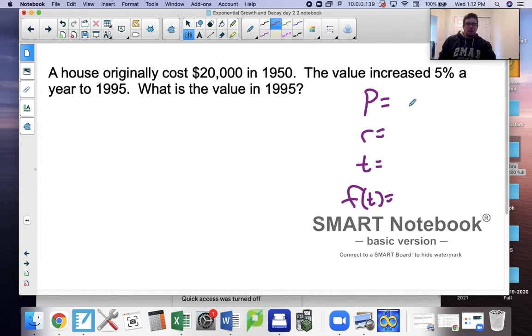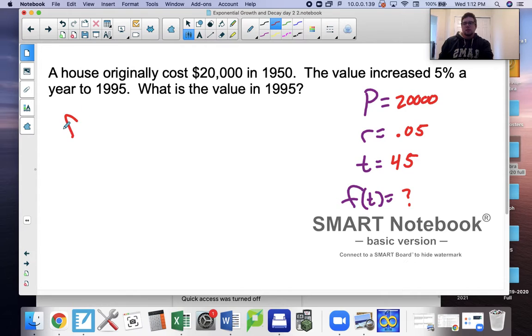It originally cost $20,000, so that's our initial amount P. Our rate, 5%, we're going to write as a decimal, 0.05. Then the time from 1950 to 1995 is 45 years, so we want to figure out the new cost right here.